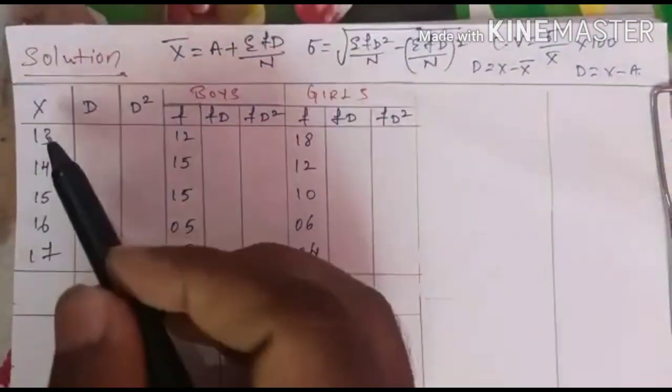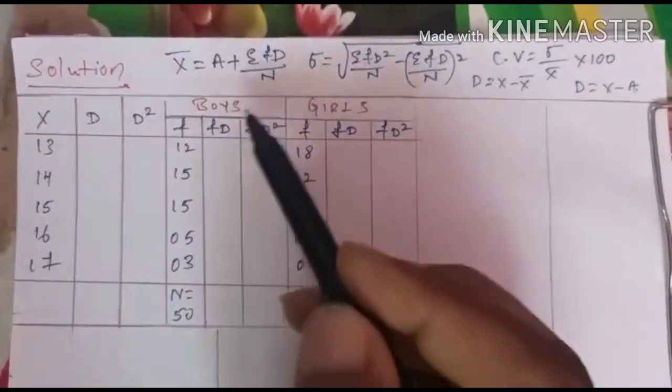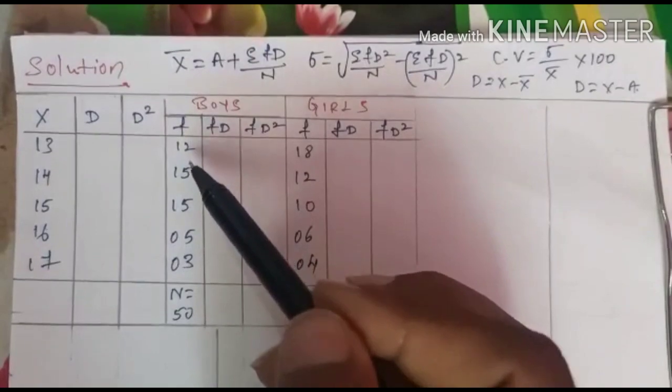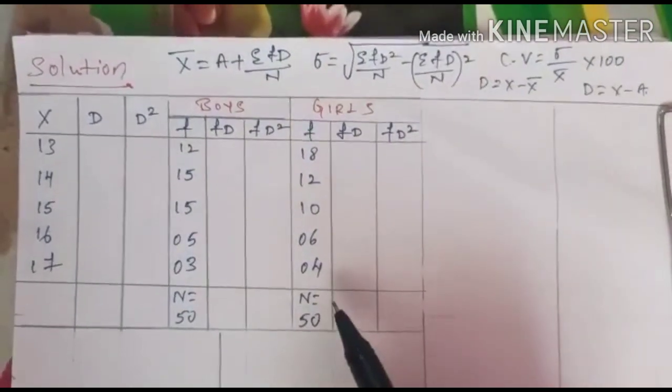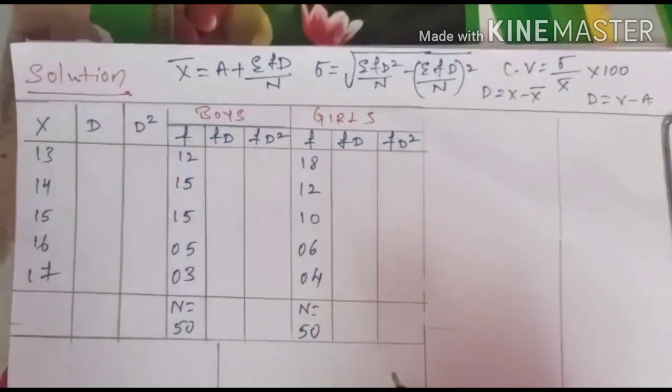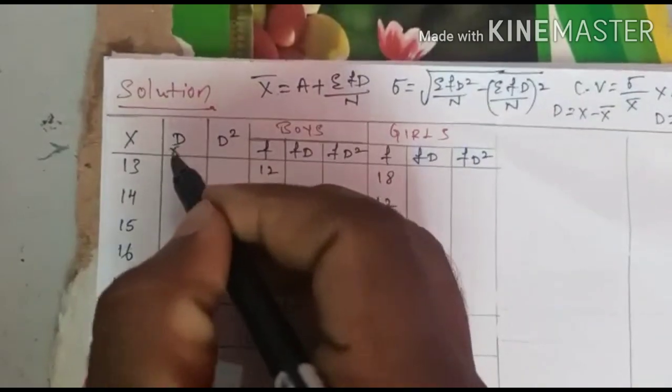Now the scores, that is x values 13, 14, 15, 16 and 17. The frequency of boys is 12, 15, 15, 5, 3, that is n is equal to 50. Similarly for the girls n is equal to 50. Now find the first D value. D value is equal to x minus assumed mean.